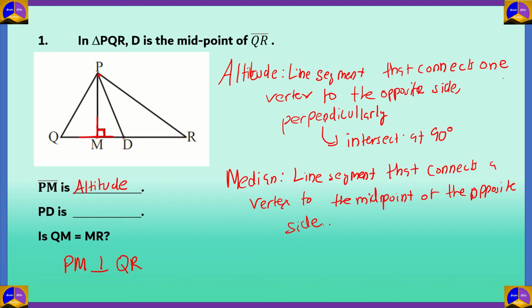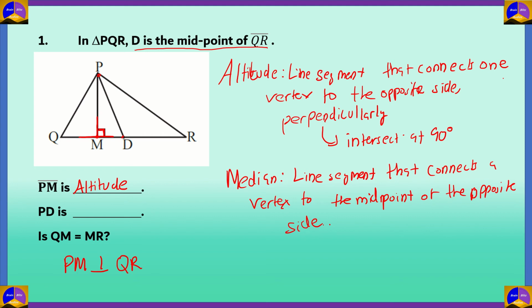Now let's look at the next question. PD is. In the question it is given that D is the midpoint of line QR. So if QR is 10 centimeter, then QD and DR would be 5 centimeter. It is in the middle. So PD.